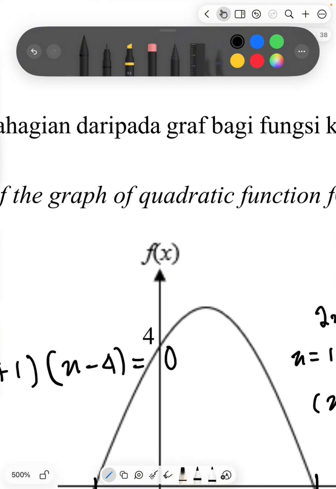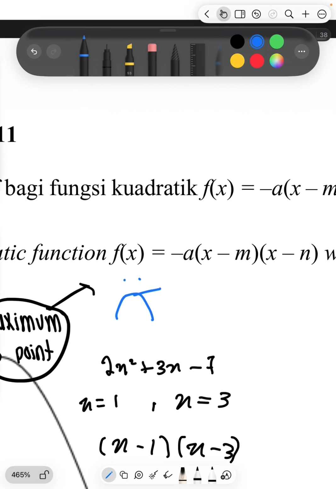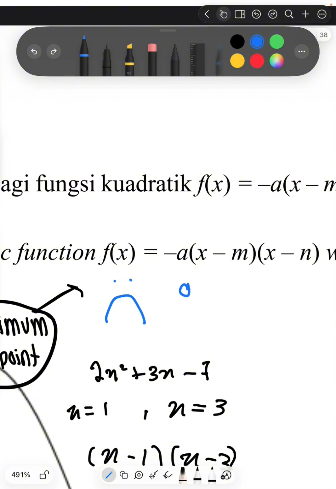Now what I need to identify is that this is a maximum point. Because why? It's a sad graph, which means that the ax squared, which is here, the coefficient of x squared, must be less than 0.